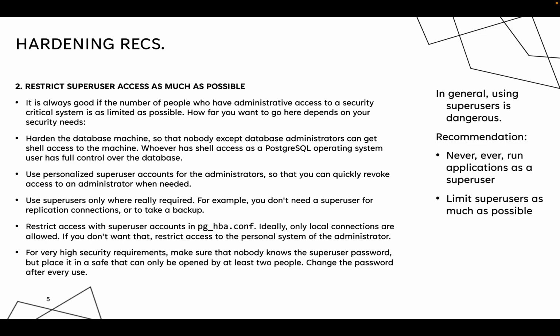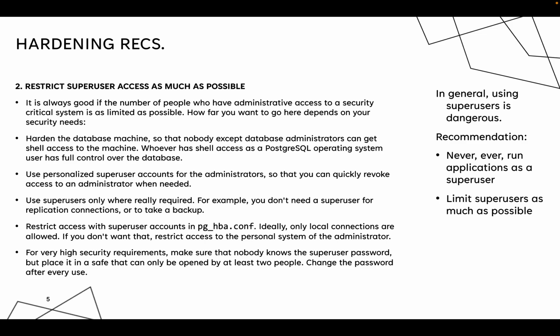Whoever has shell access as the PostgreSQL operating system user has full control over the database. Use personalized superuser accounts for the administrators so that you can quickly revoke access from an administrator when needed. Use superusers only when really required. For example, you don't need a superuser for replication connections or to take a backup.